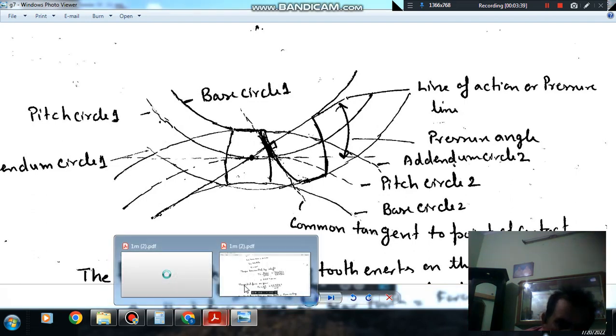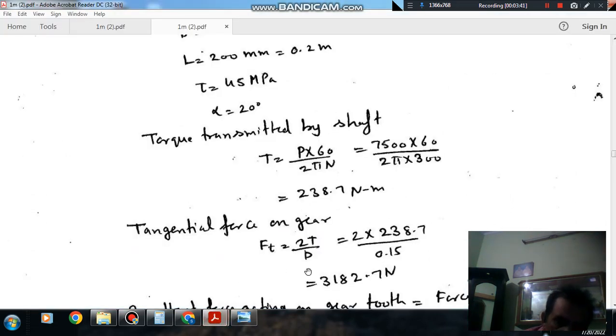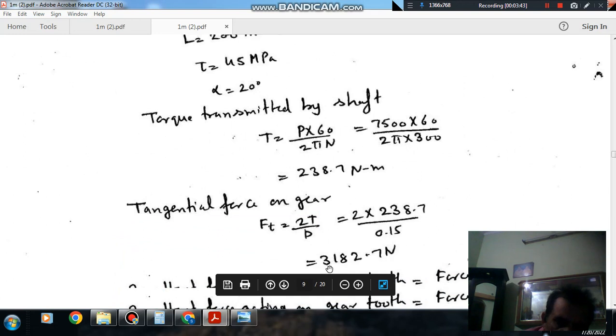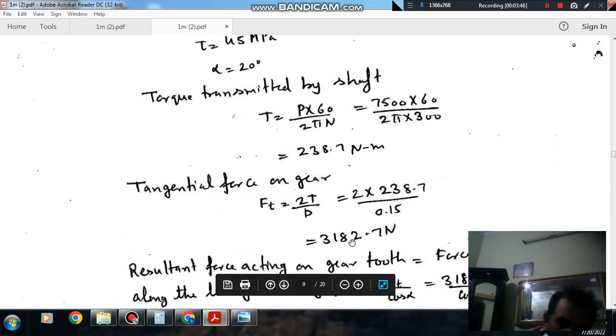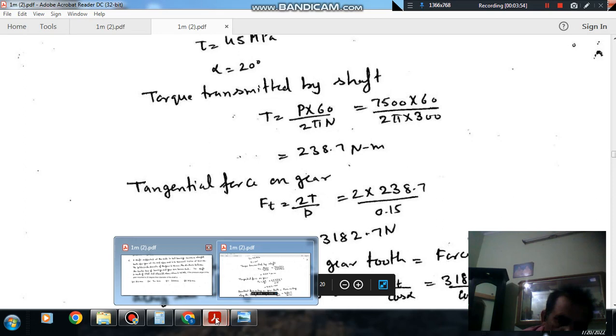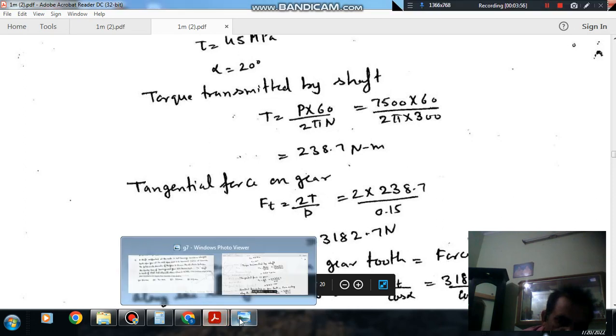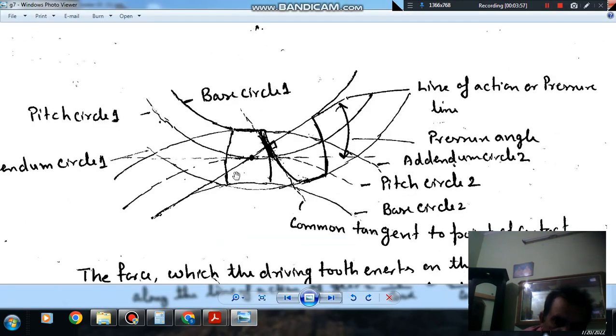So Ft comes out as 3182.7 newtons, because the diameter is just 0.15. Now, as two gears are in mesh, some normal force will also be acting on these two gears, or we can say it is the radial force.